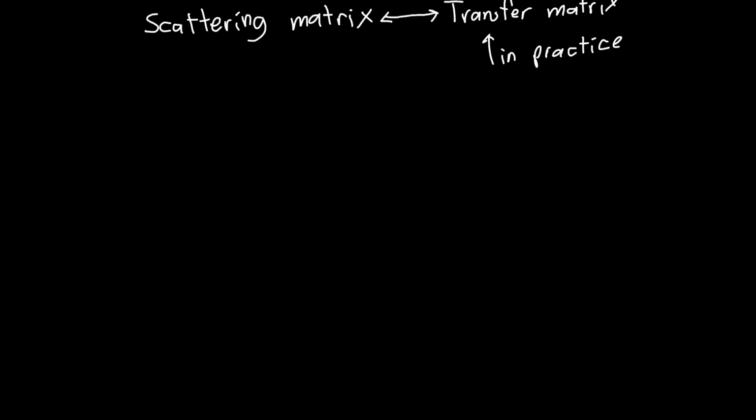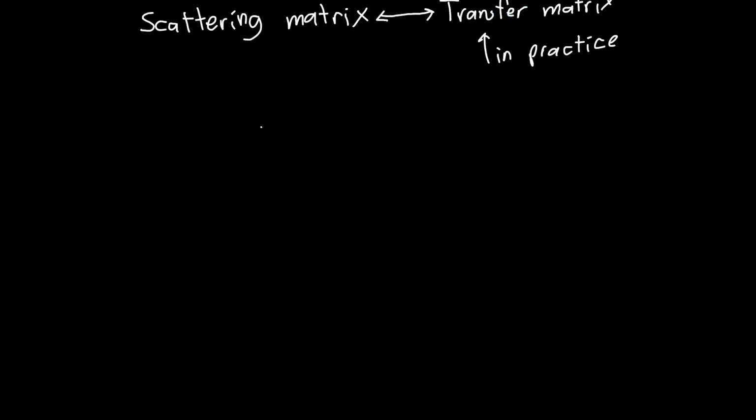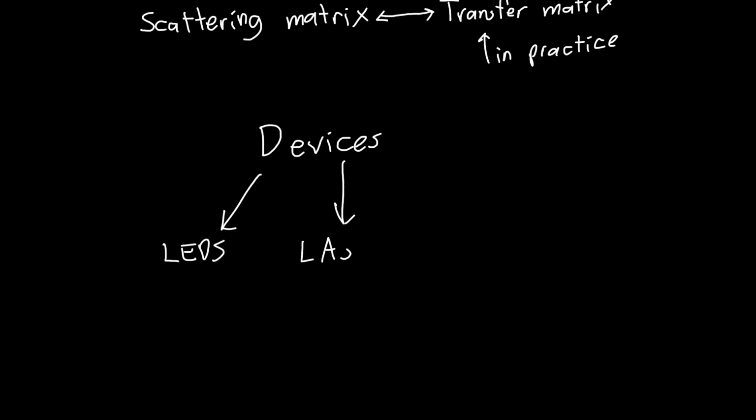And after we understand mirrors and resonators, we'll finally be able to understand devices. So things like LEDs, things like lasers. Also, for example, modulators. This is a central focus of my research right now, and so I'm probably going to make a few videos on it.